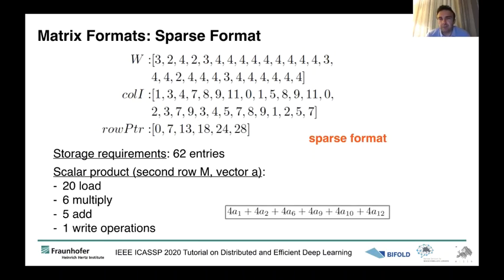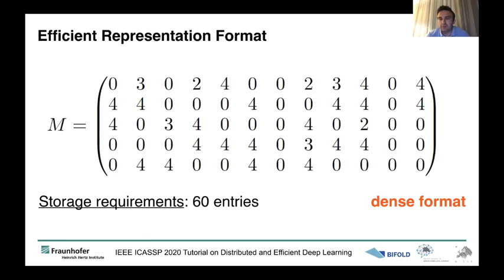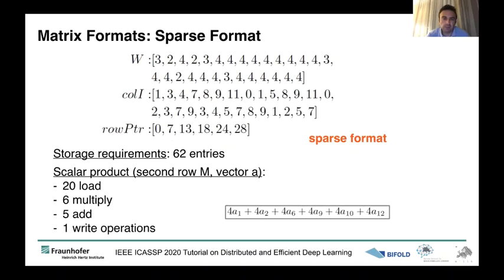And there are, of course, other formats. When this matrix is quite sparse, so you have a lot of zeros, and by the way, this is the quantized neural net. So assume you have done quantization, and then you have this quantized weight matrix. One could also think of using sparse formats.